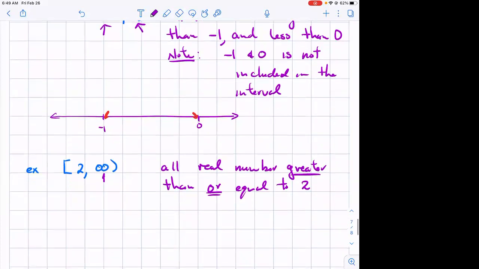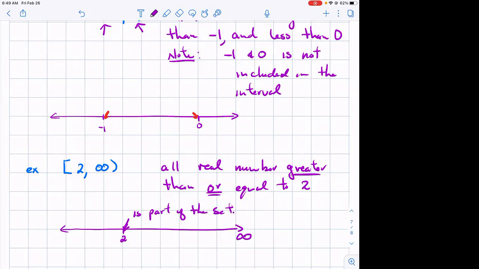Now if we look at the number line, let's say 2 is here, we are including 2. This is part of the set, and it's going all the way to infinity.